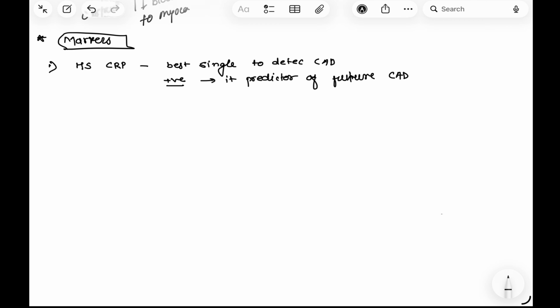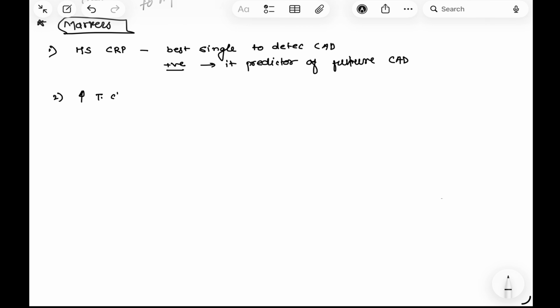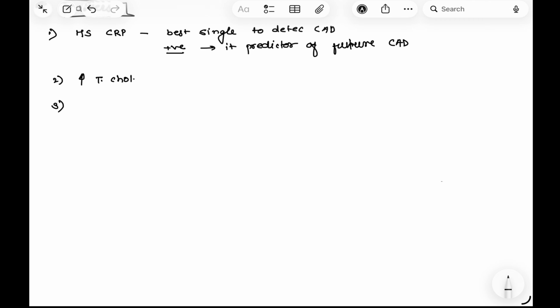Okay. So this is the first test. The second one is increased total cholesterol. The third one is the high lipoprotein A and B ratio. So this ratio is also a predictor of future CAD.